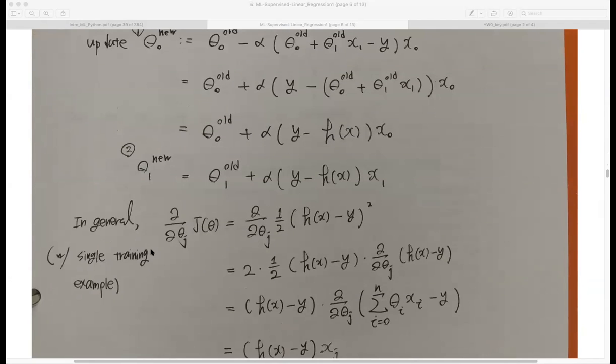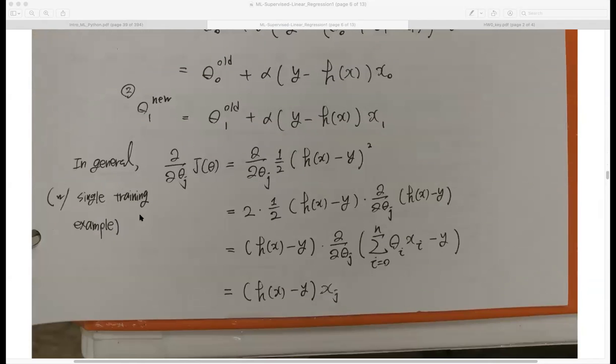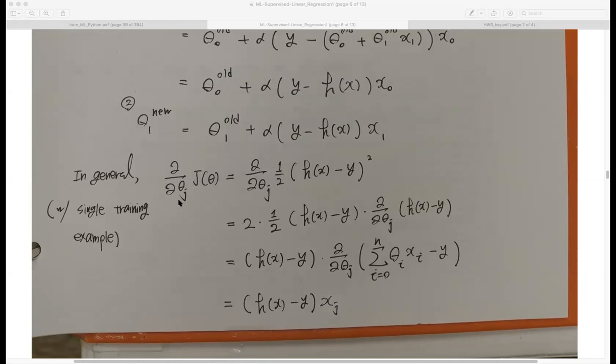Now let's see, in general, with a single training example, the partial derivative of j with respect to theta j is the partial derivative of half of h of x minus y squared, because we only consider one single training example. That's going to be 2 times half times h of x minus y times the partial derivative of h of x minus y with respect to theta j.